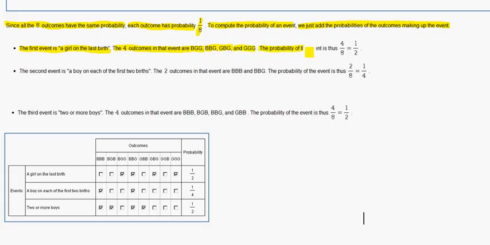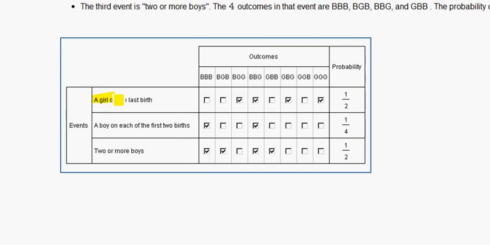The probability of the event is thus 4 out of 8, or 1/2. So if we look at a girl on the last birth, the last birth is here, so there's girl, girl, girl, and girl. So that's 4 out of 8, and the probability is 1/2.